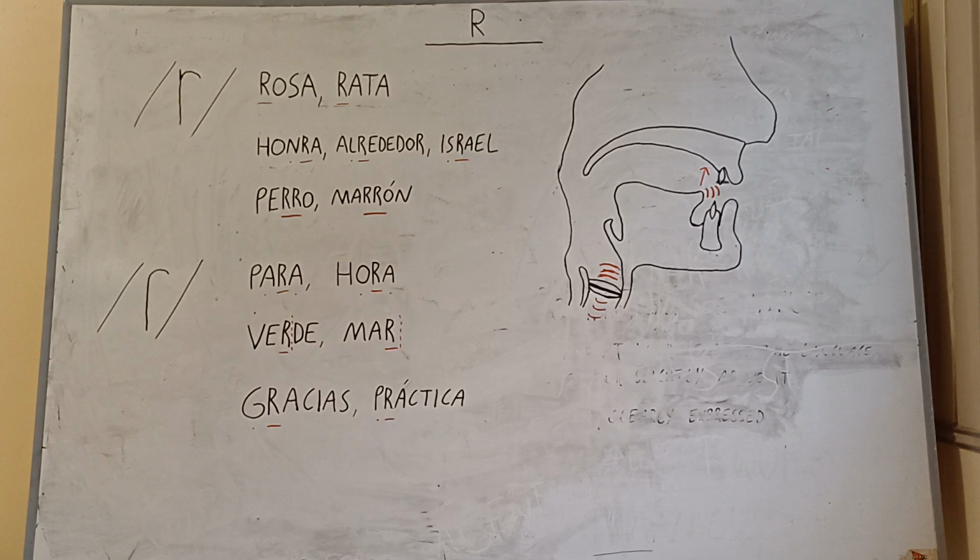So the air stream will be central. This should make the tip of your tongue vibrate, as you can see here. And this vibration will produce the trill sound. So let's give it a try.